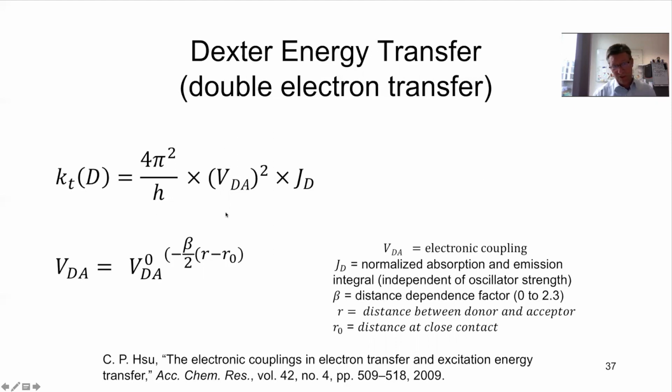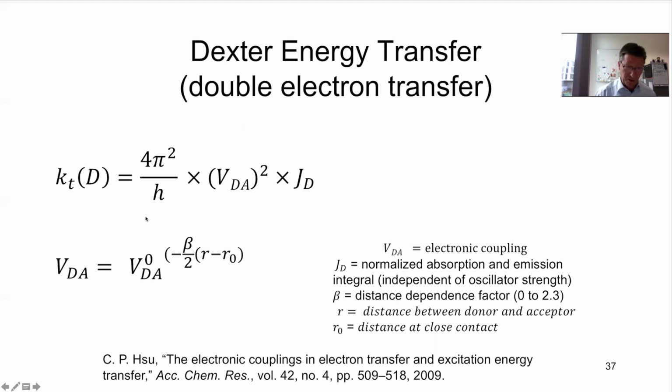So there's an exponential factor again, but this V_DA is the electronic coupling between the donor and acceptor. And there is also an overlap integral, but it's normalized. So it is not determined by the molar absorption coefficients or the intensity of the emission, but it is like a scaling factor. It is not as well defined as for the Förster.